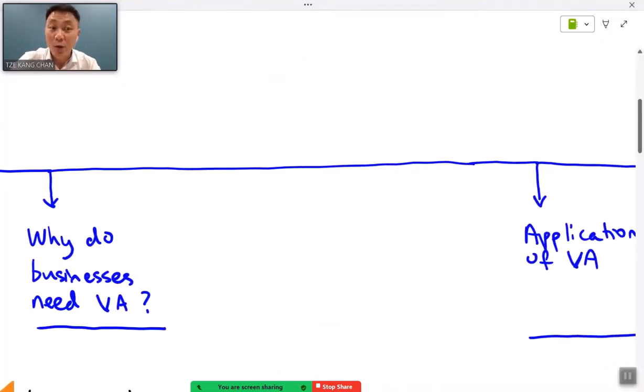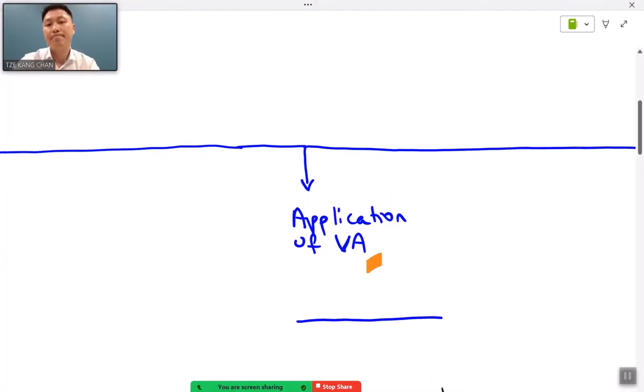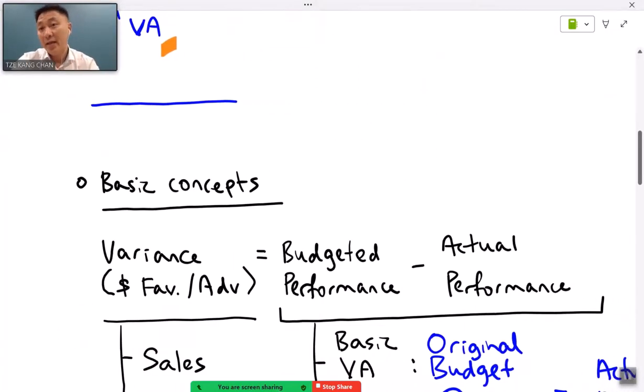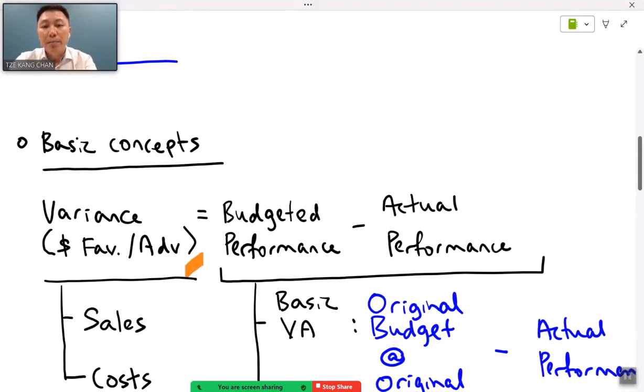Let's then take a look at the basic mechanism of how to apply variances analysis, denoted by VA, in most business contexts. Here are the basic concepts in variances analysis. A variance represents the difference between budgeted performance and the actual performance achieved over a period of time.